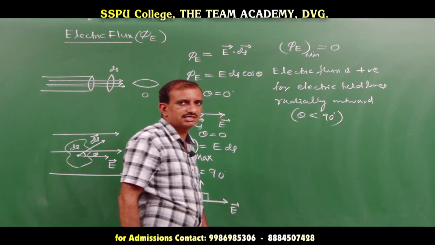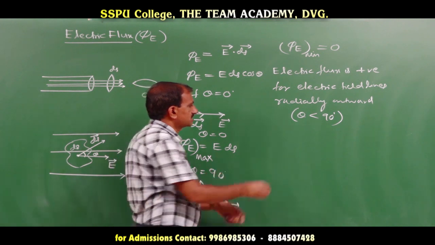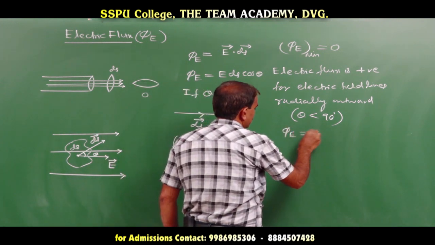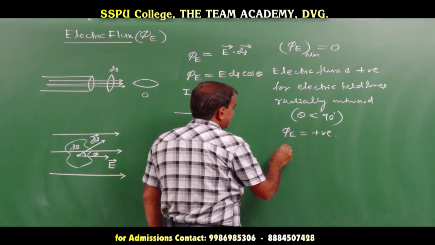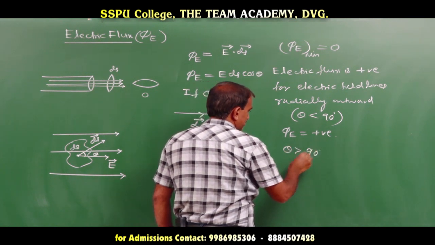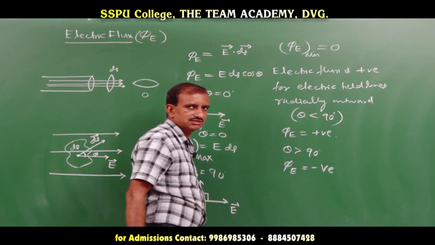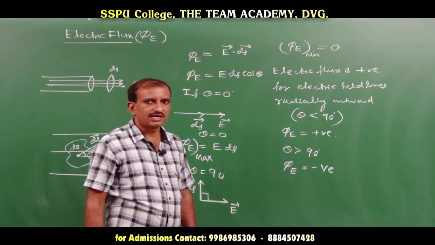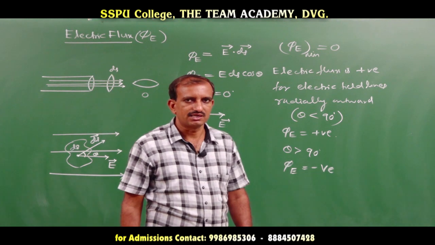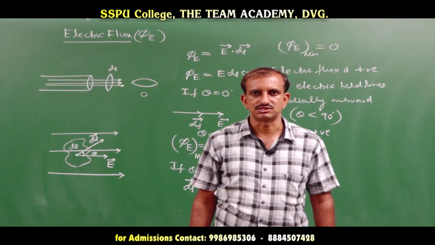If theta is less than 90 degrees, then the electric flux phi is positive. And if theta is greater than 90 degrees, the electric flux phi E is negative. That is, for the electric field lines which are directed inward, the electric flux is negative.